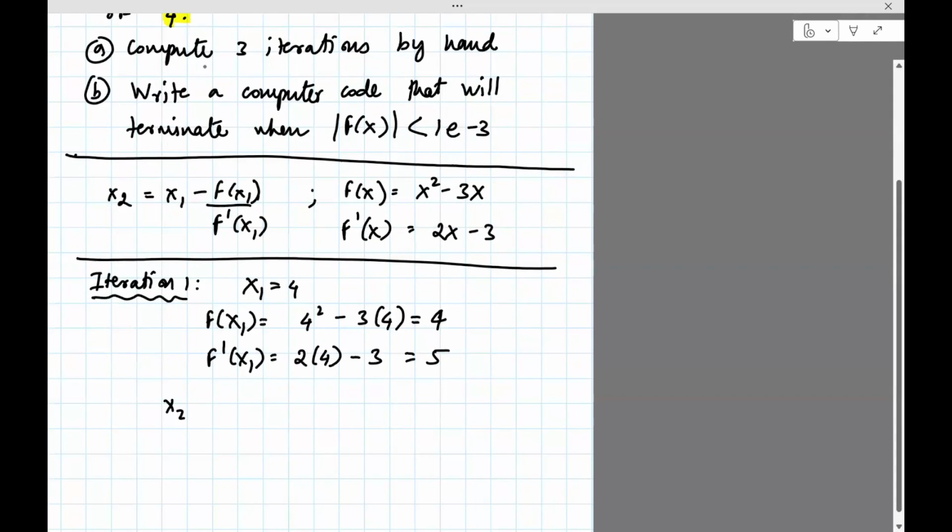So x2 is x1 minus f of x1 divided by f prime of x1. X1 is 4, f of x1 is 4, f prime is 5. So 4 minus 0.8, so 3.2. Okay, remember root is 3 and 0, so it's getting closer to 3, looks like.